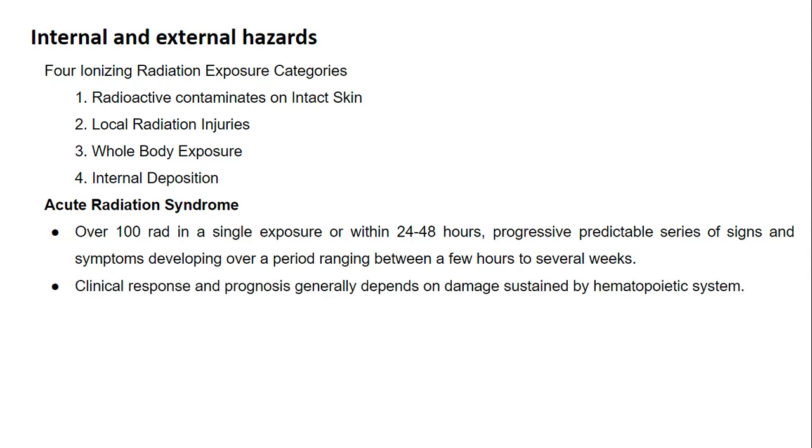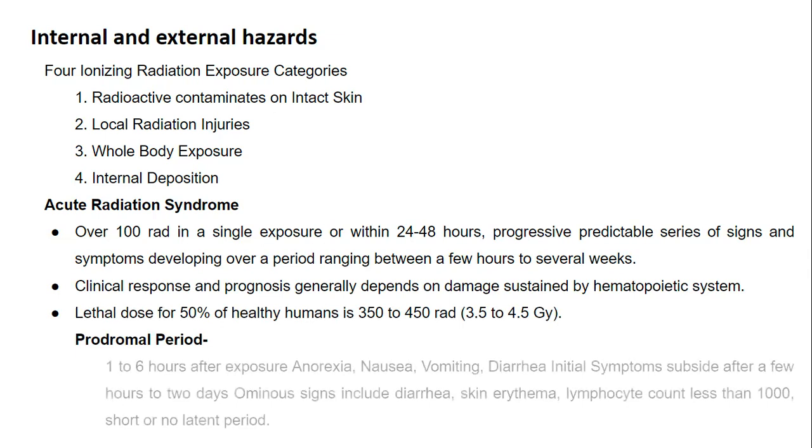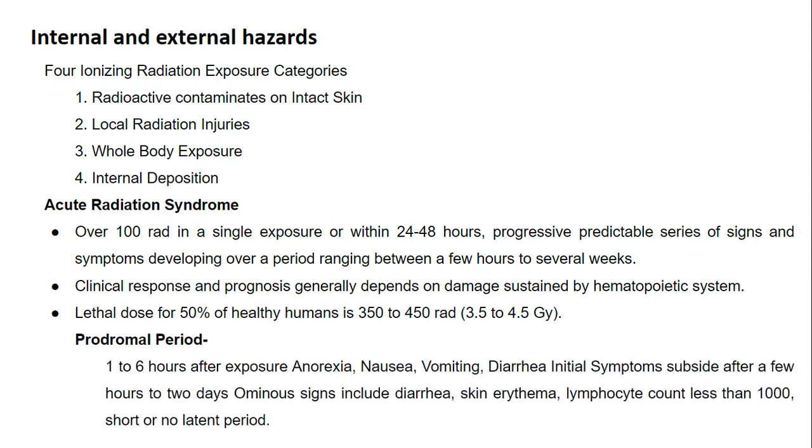Clinical response and prognosis generally depend on damage sustained by the hematopoietic system. The lethal dose for 50% of healthy humans is between 350 to 450 rads, or 3.5 to 4.5 gray. The prodromal period is 1 to 6 hours after exposure.